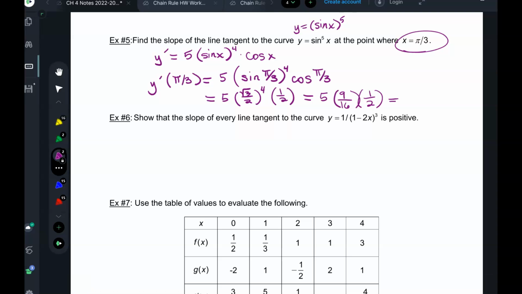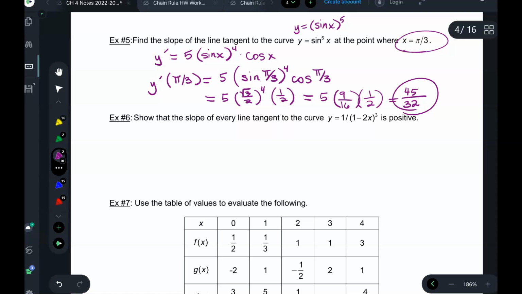Sine of pi over 3 is root 3 over 2, and then I want to raise that to the fourth power. So since root 3 squared is 3, root 3 to the fourth would be 9. And then just multiply. It's not a very pretty answer, but just make sure it's reduced. It is.